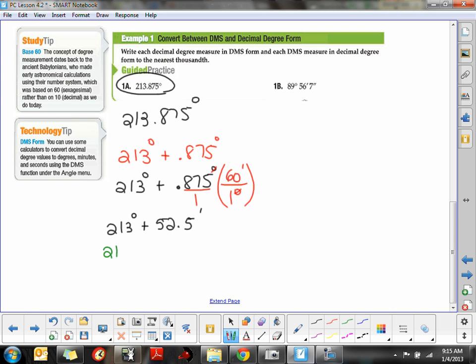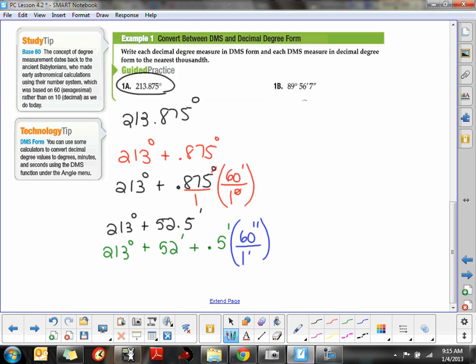So we have our 213 degrees, plus 52 complete minutes, then another half of a minute. Well, this is fairly easy. A half of a minute should be 30 seconds. But if I use unit multipliers, in 1 minute there are 60 seconds.